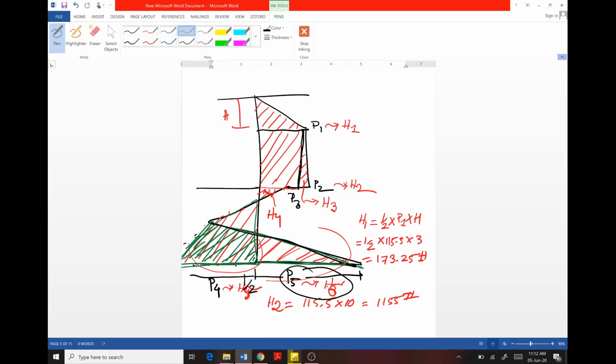Let's take the height of this triangle as F.